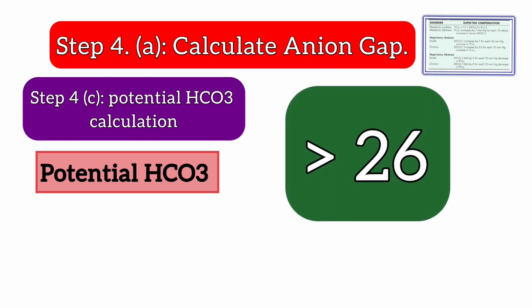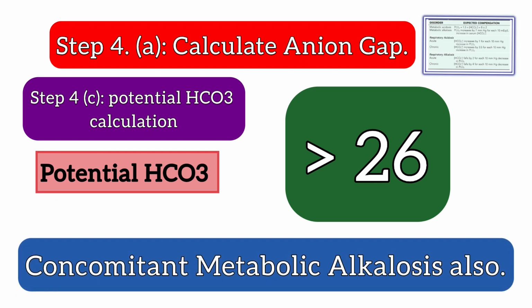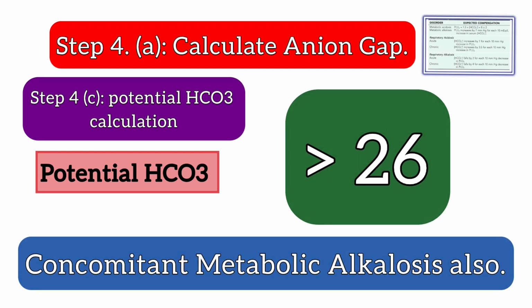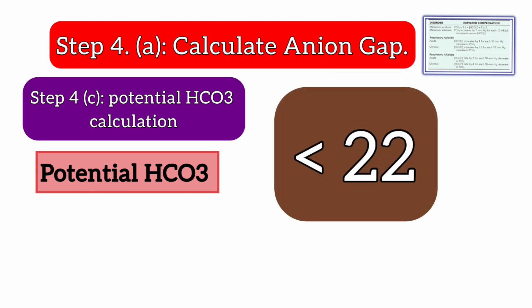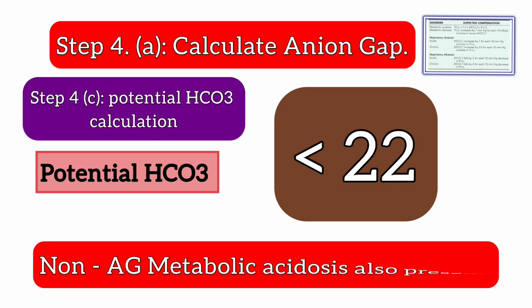Now, if this corrected or potential bicarbonate is more than 26, then a metabolic alkalosis is also present. And if this corrected or potential bicarbonate is less than 22, then there is also a coexisting non-anion gap metabolic acidosis in addition to the anion gap metabolic acidosis.